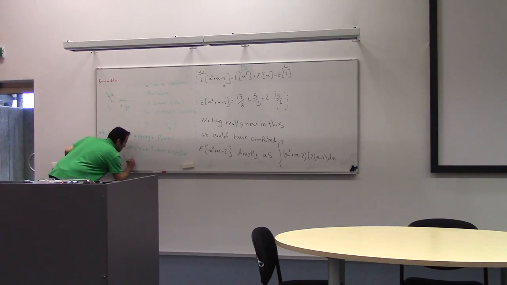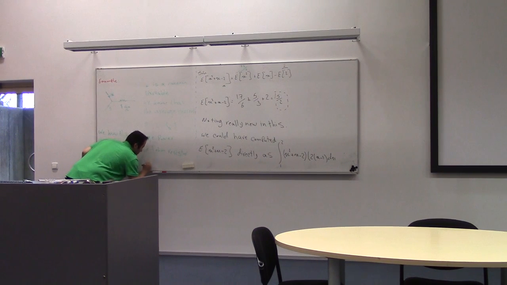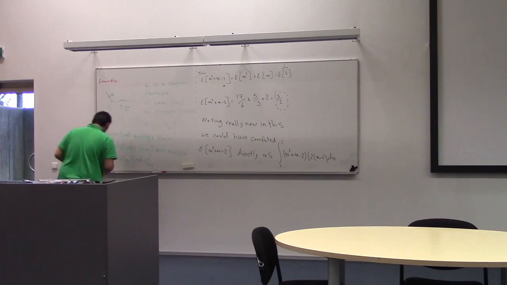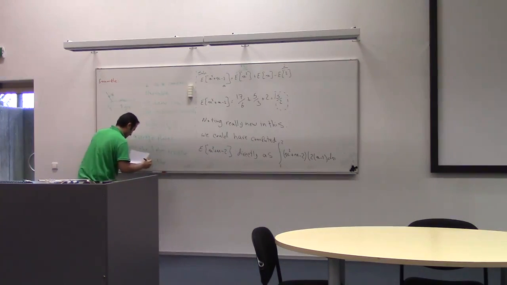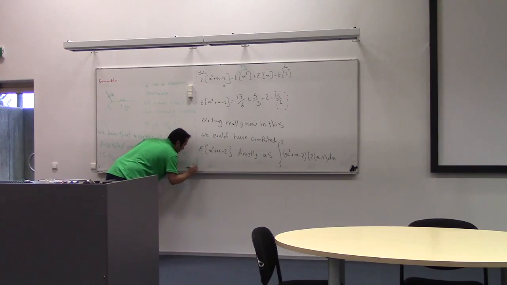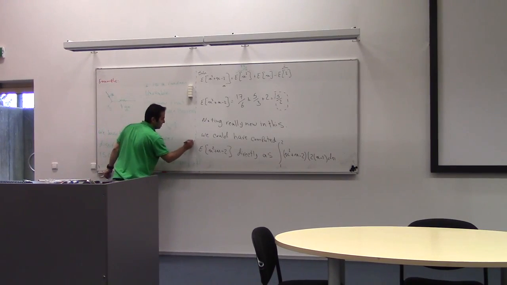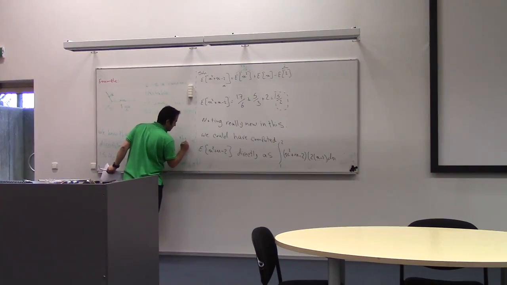Okay, find the sigma squared X, that is, the variance of the current X.